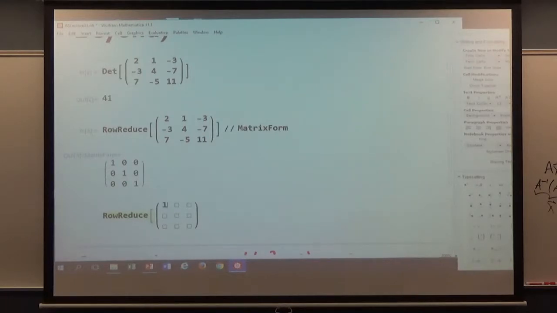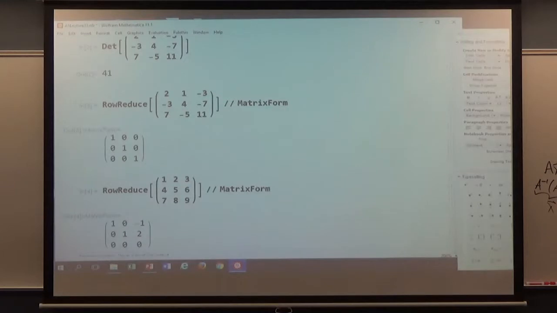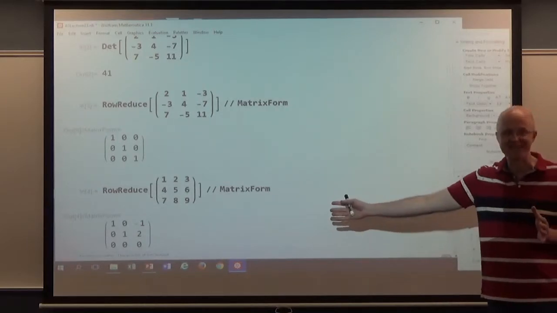And so I typed in 1, 2, 3, 4, 5, 6, 7, 8, 9. And lo and behold, that matrix is not invertible. When you row reduce it, you get a row of zeros. Its determinant is 0. So if you ever teach linear algebra, don't use that as an example.